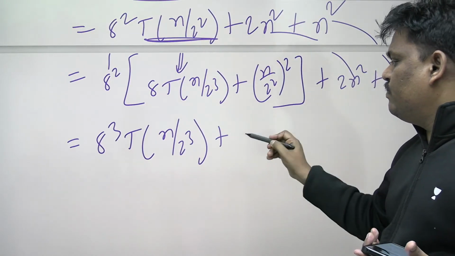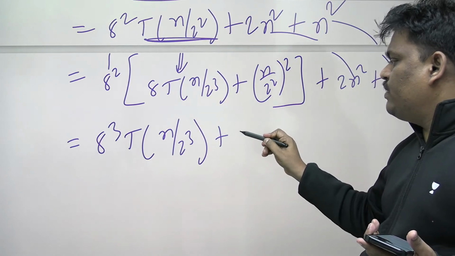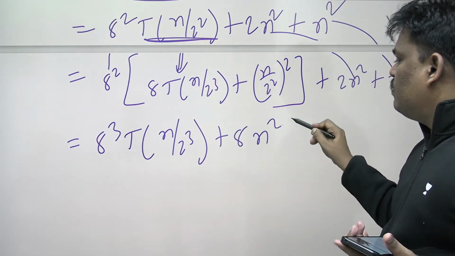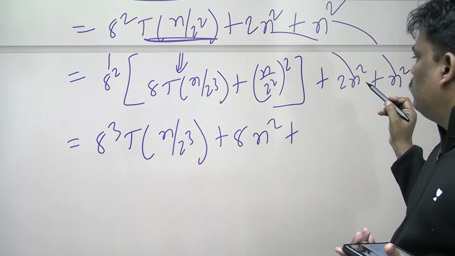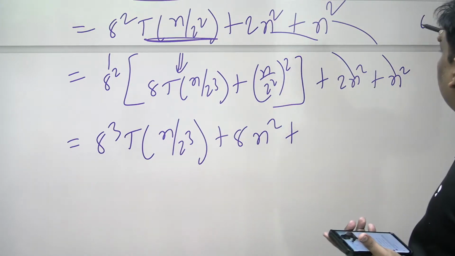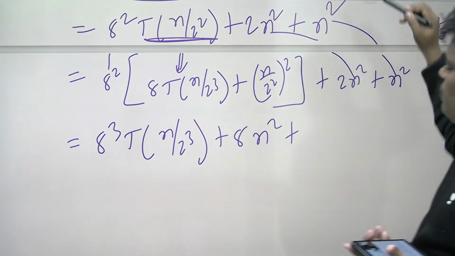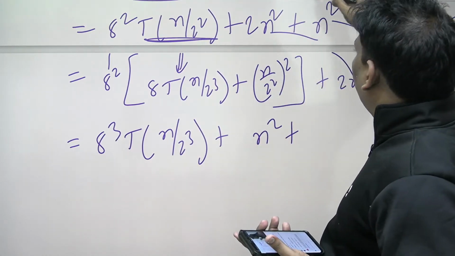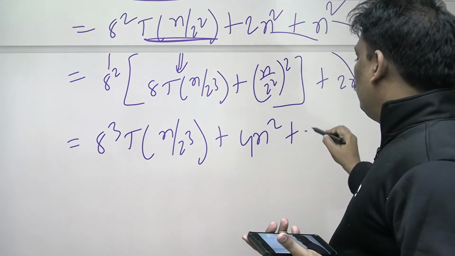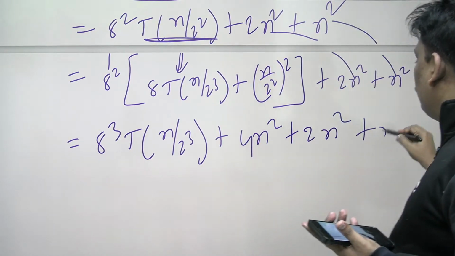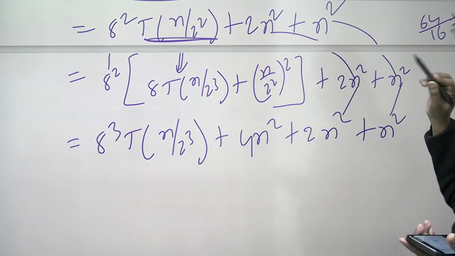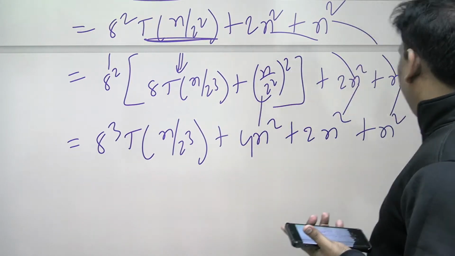I think 4. 16 fours are 64. It is 4. So 4n square, 2n square, n square. Remember, these two are copied, but this came from here.